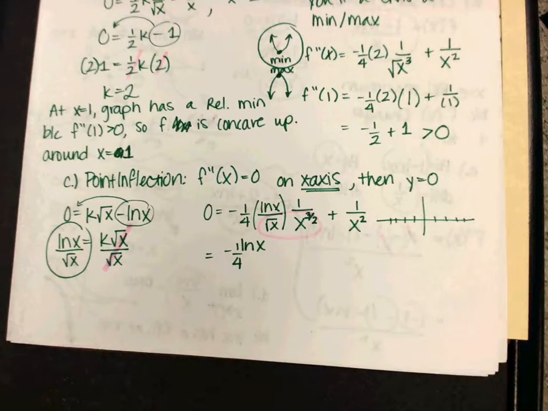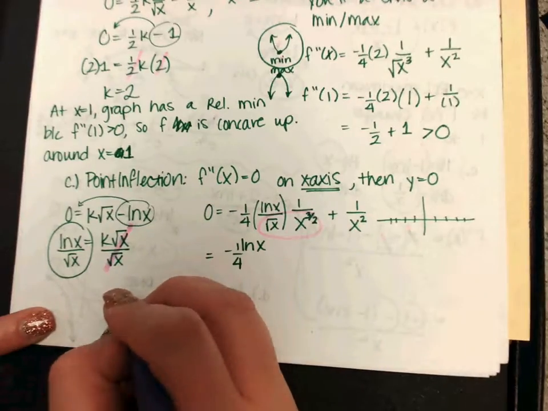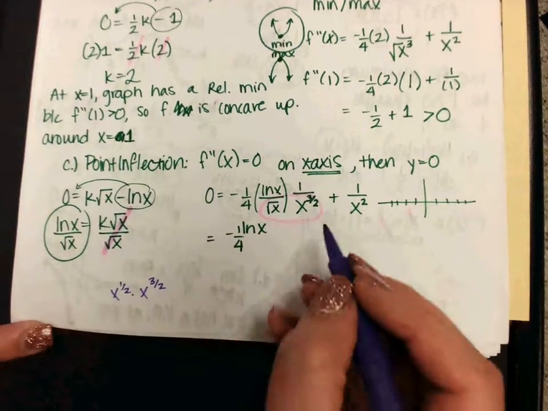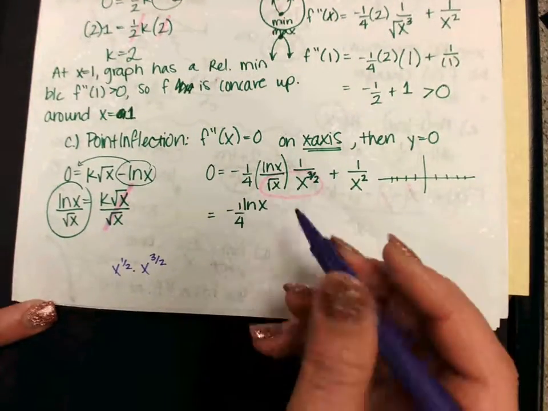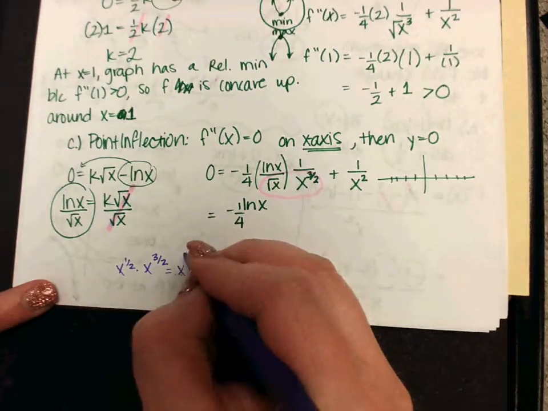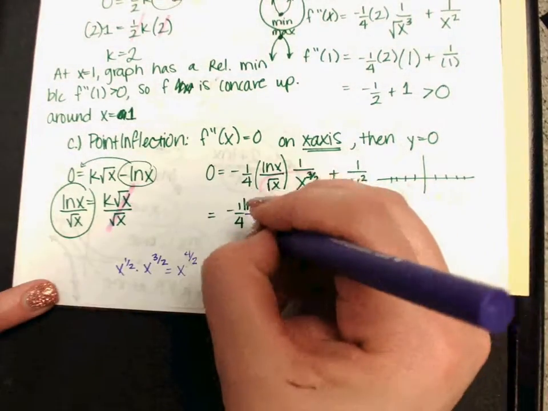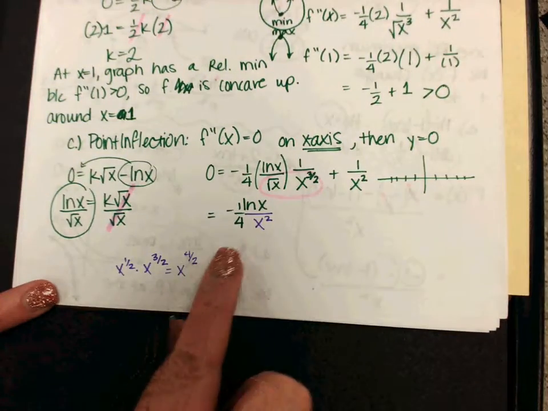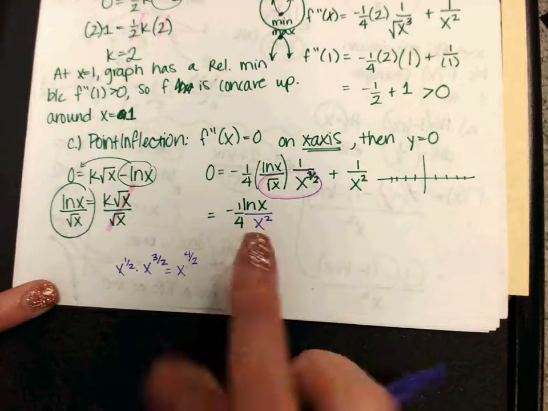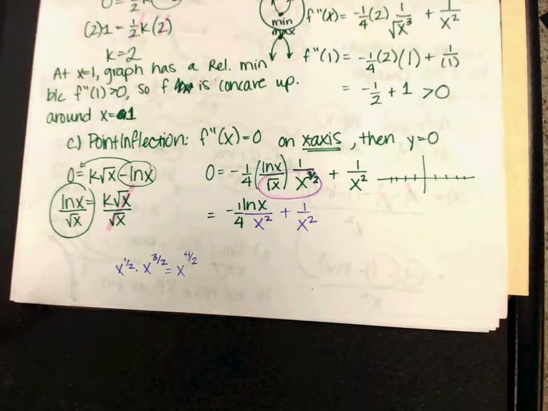I want you to just think about this for a second. That's x to the 1 half times x to the 3 halves. So if I have both of these guys on the bottom, that means really that's x to the 1 half plus 3 halves is 4 halves. So really, that's an x squared on the bottom because 4 halves is the same as 2. So I combined these two together to give me an x squared. Then plus 1 over x squared.